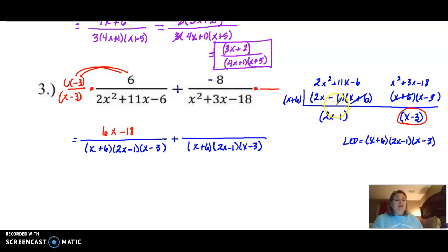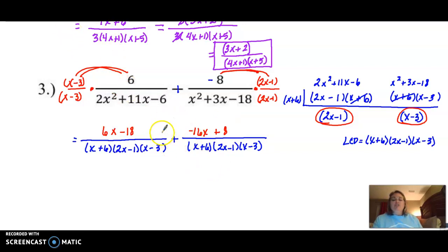For this one, I have the 6 and the 3. I'm missing the 2x minus 1. Distribute. Remember, that's a negative 8. So negative 8 times 2 is negative 16x. Negative 8 times negative 1 is a plus 8.